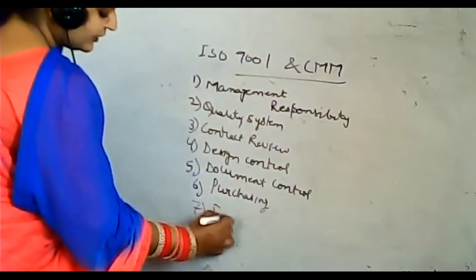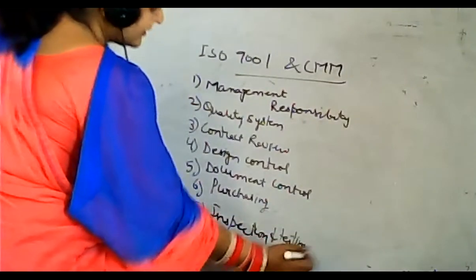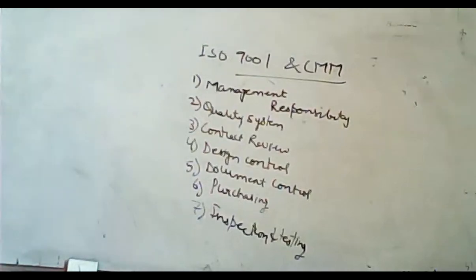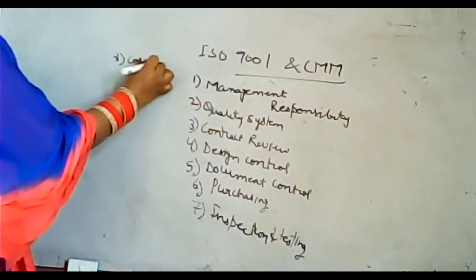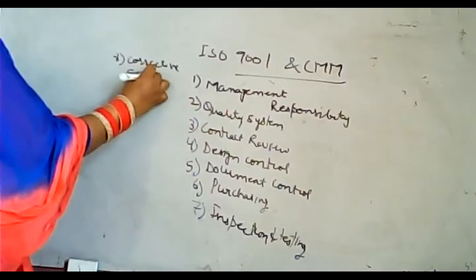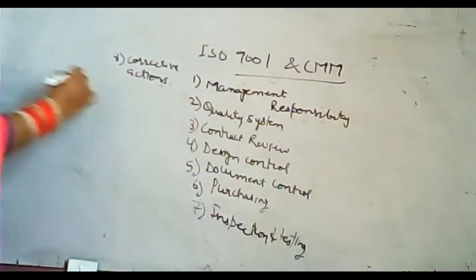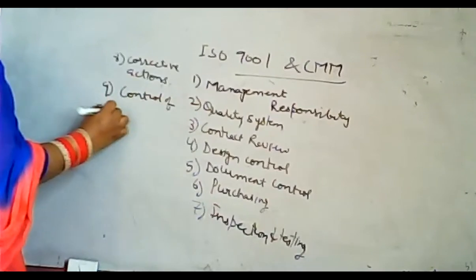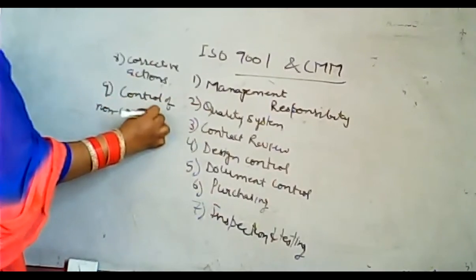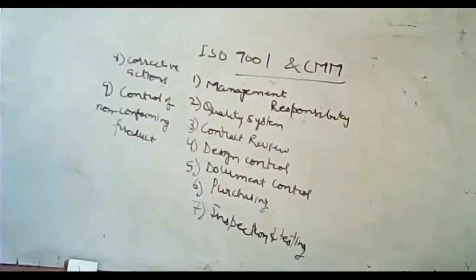I'm writing only the main ones. There are a lot of inspection characteristics that are common to both ISO 9001 and CMM. Corrective actions, control of non-conforming product, inspection and test status.